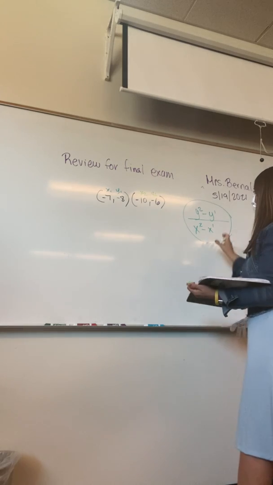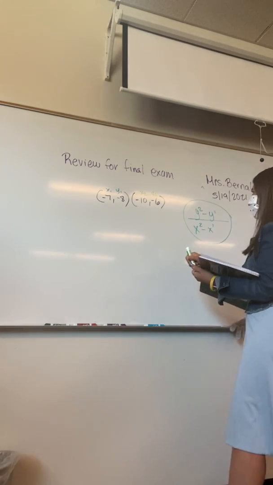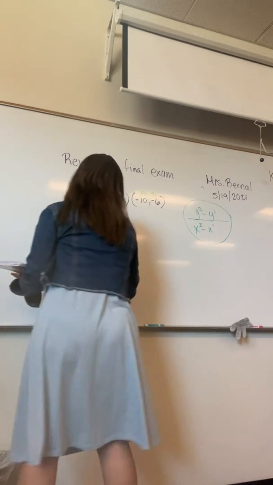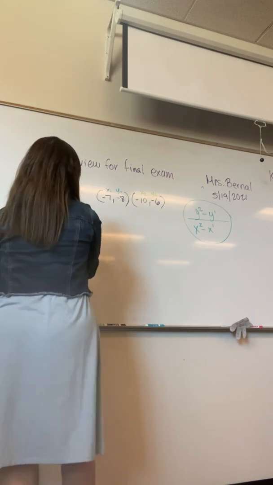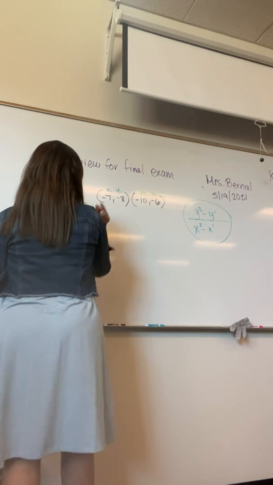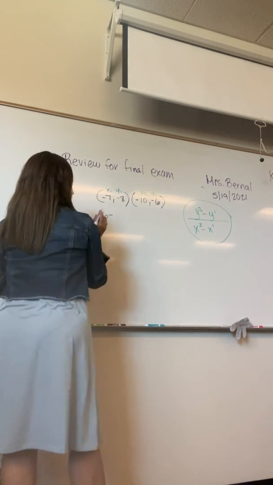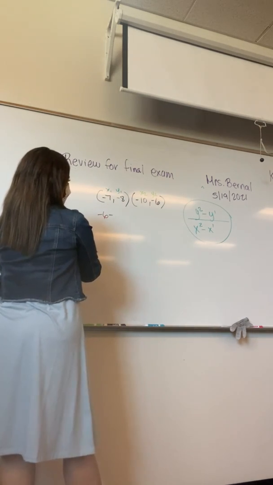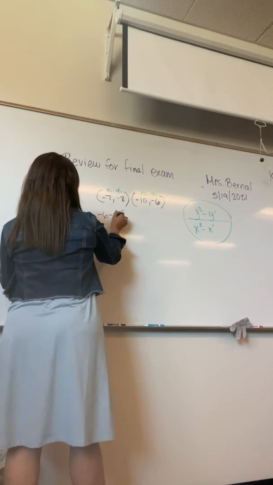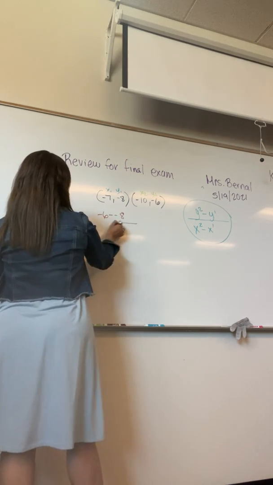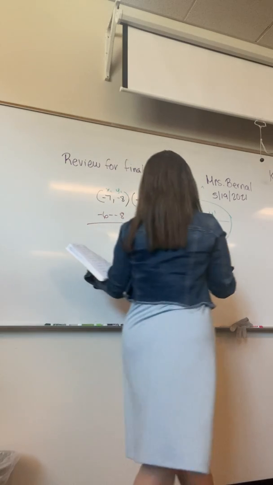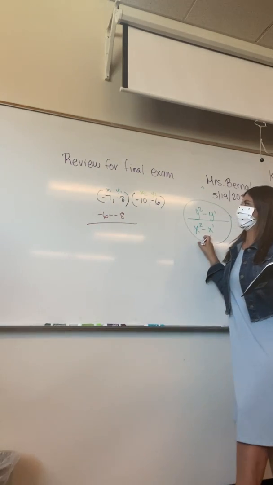Okay, so now we're gonna put them together using the formula, and our y2 is -6. We still need to follow the sign, so we put negative. The y1 is what? -8. Okay, which one is our x2?